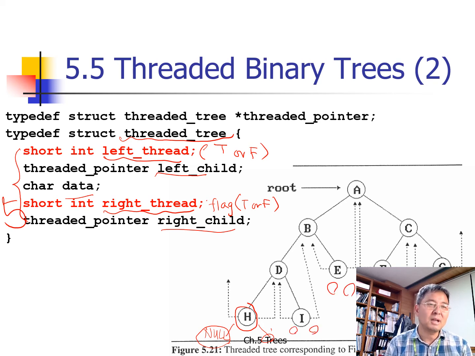So we can utilize them to point to what is before and what is next in a traversal order. So if we think about H, what is before it in this traversal method?